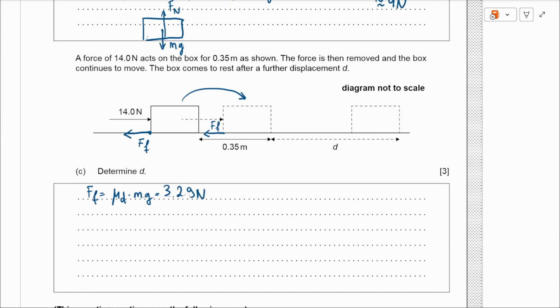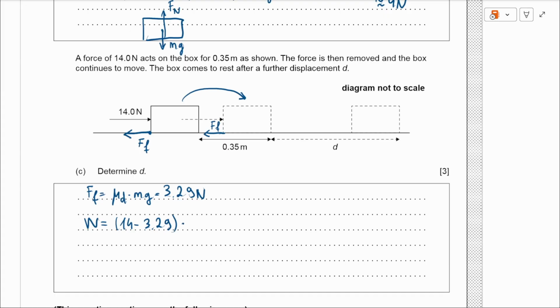And the question is, how much net work do we supply to the box during the 0.35 meters? So the work done on the box: this force does positive work because it's pushing the block, whereas the frictional force is opposing it. So the net force that is acting on the block is 14 minus 3.29.